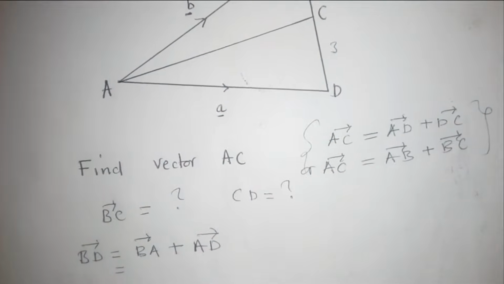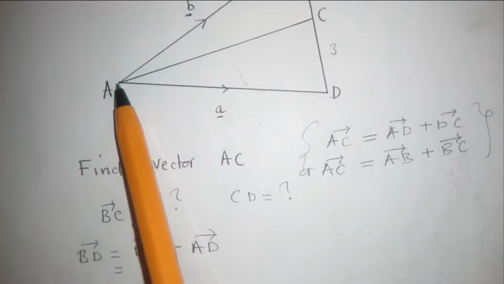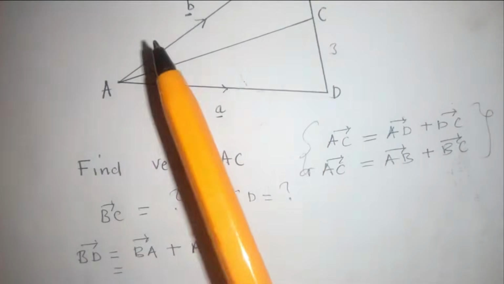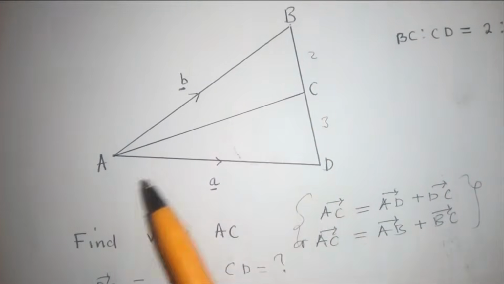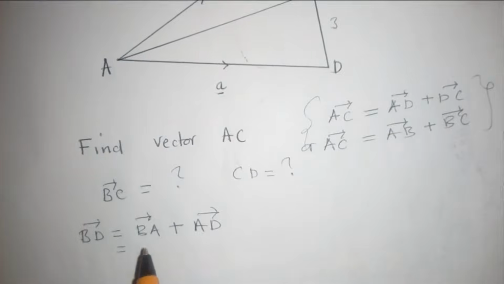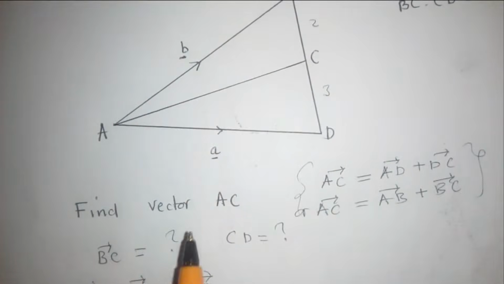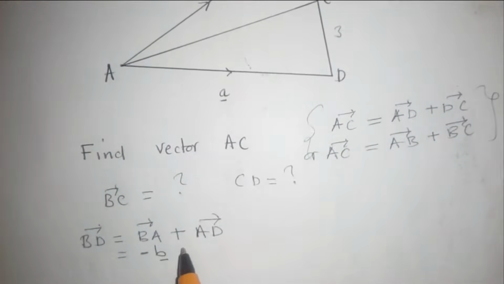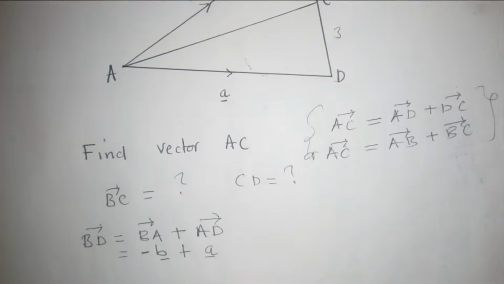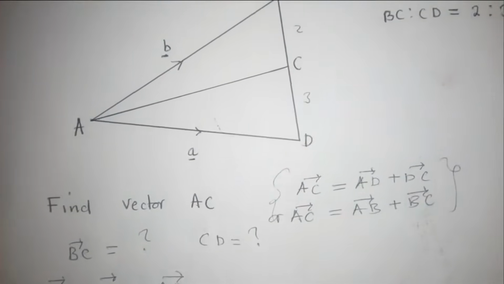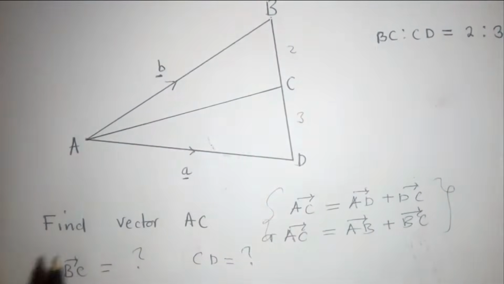This vector is coming from A going to B, but here we want the opposite, from B to A. To show that this is opposite, we put a negative vector b, plus our AD, which is vector a. So we have found vector BD, from B to D.